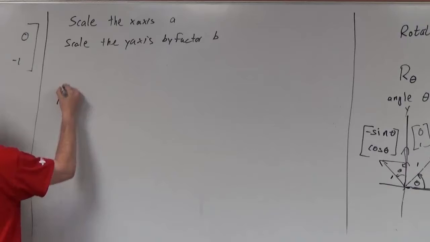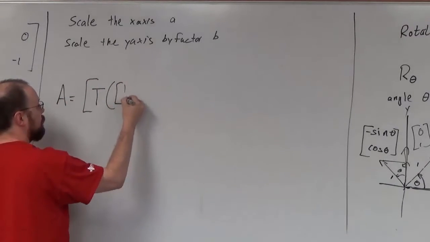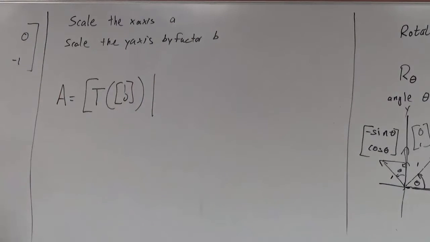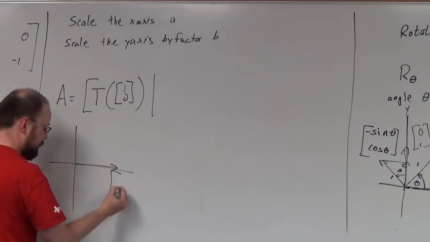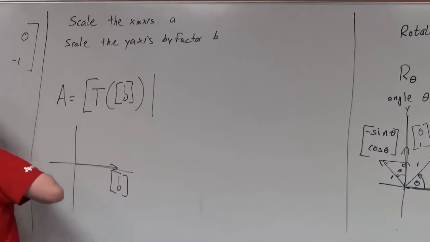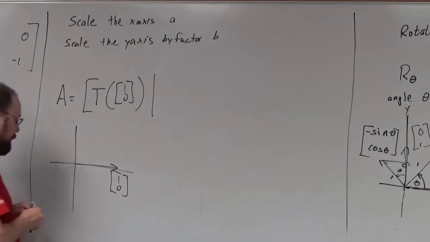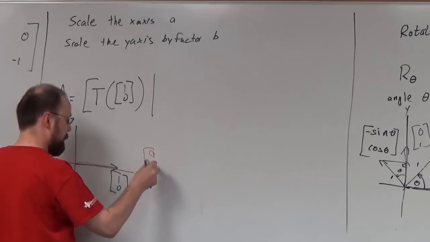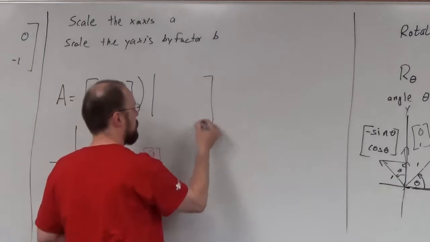So our standard matrix, let's see what happens to the first basis element. You're taking this unit vector and you're scaling by factor a. The result would be, well, multiply that by a and this is what you get. So that would be the first column of our standard matrix.